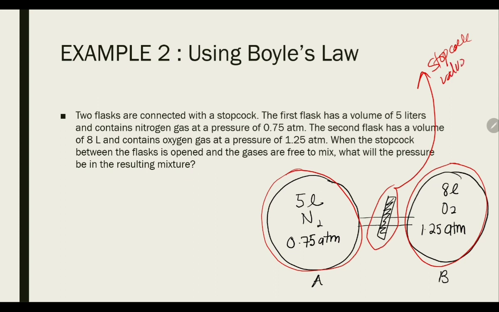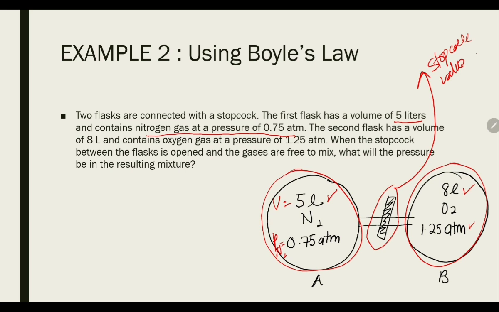The first flask has a volume of 5 liters and contains nitrogen gas at a pressure of 0.75 atm. The second flask has a volume of 8 liters and contains oxygen gas at a pressure of 1.25 atm.